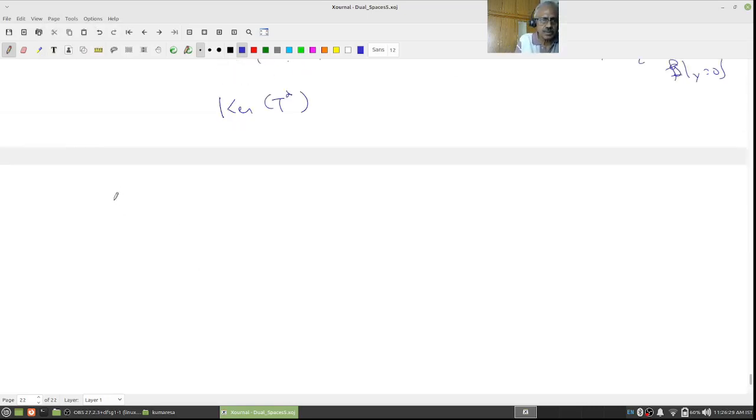So, suppose G belongs to the kernel of T star. What does that mean? This means T star of G is 0. But T star is a map from where to where? W star to V star.